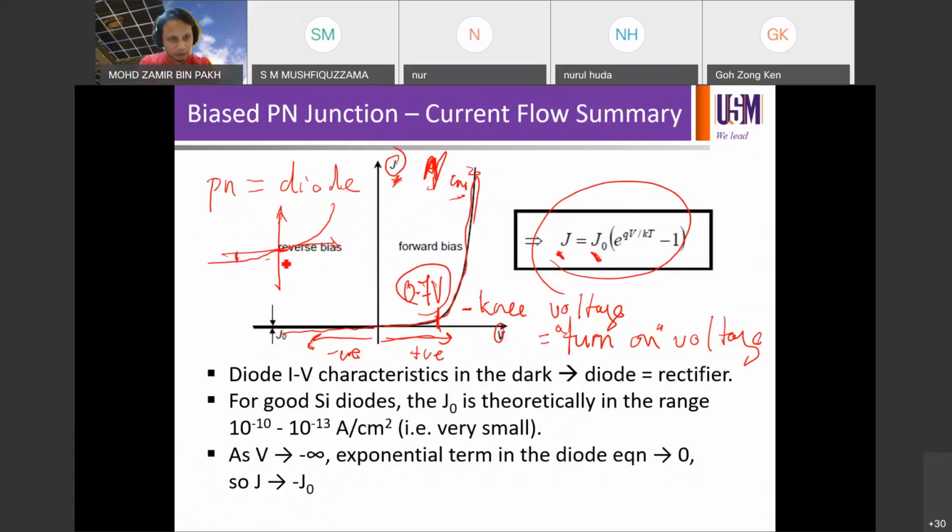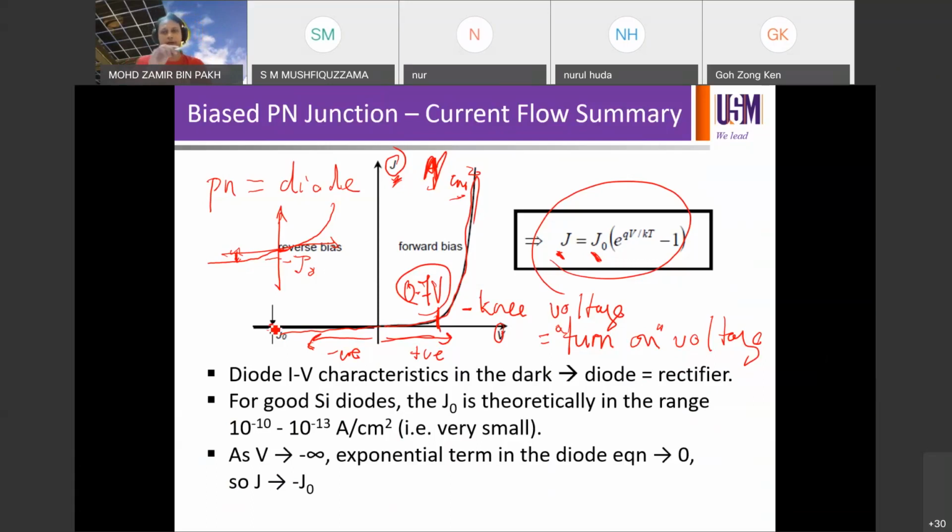This magnitude is J naught in the negative region. So that vertical part in the negative x-axis, that's the J naught, right? The very small amount of current there. So that's J naught, the leakage current.